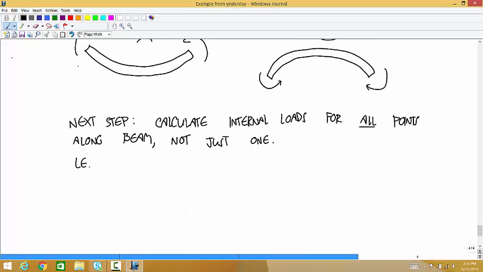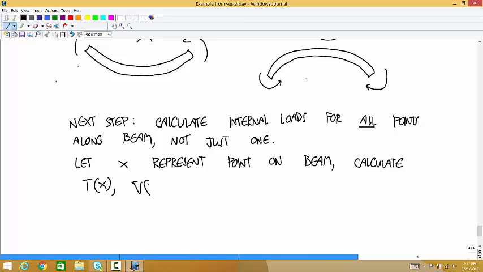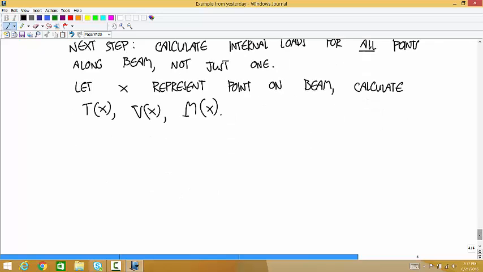So we want to let x represent a point on the beam, and calculate T of x, V of x, and M of x.